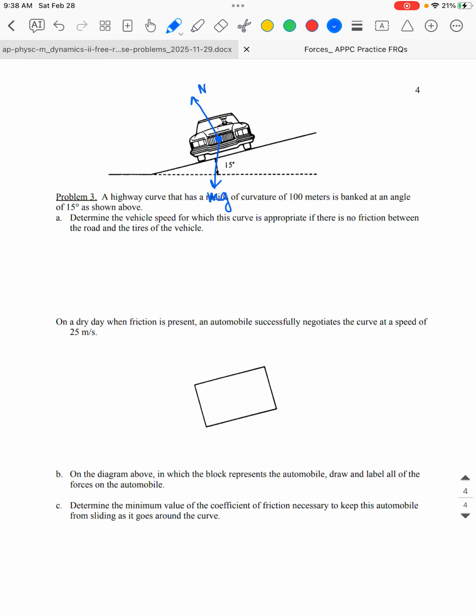So as it goes around the banked curve, we do know that there should be an acceleration toward the center of the curve. That's what centripetal acceleration does. So if we look at this diagram and we're trying to find that leftward force that points in the direction of acceleration, then we would notice that the normal force does have a component that points toward the center.